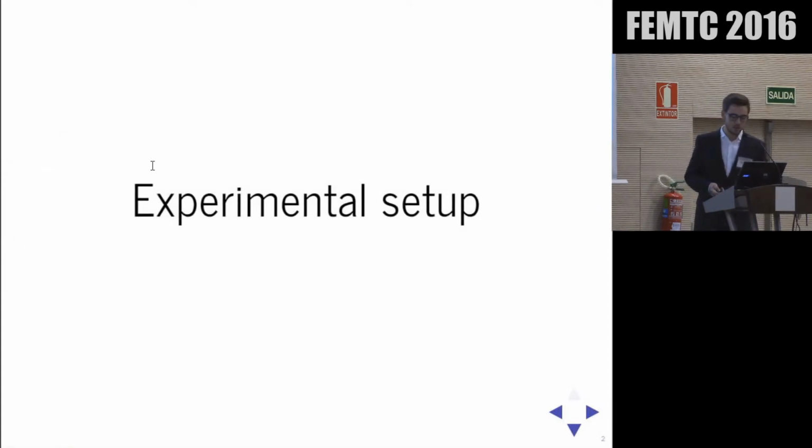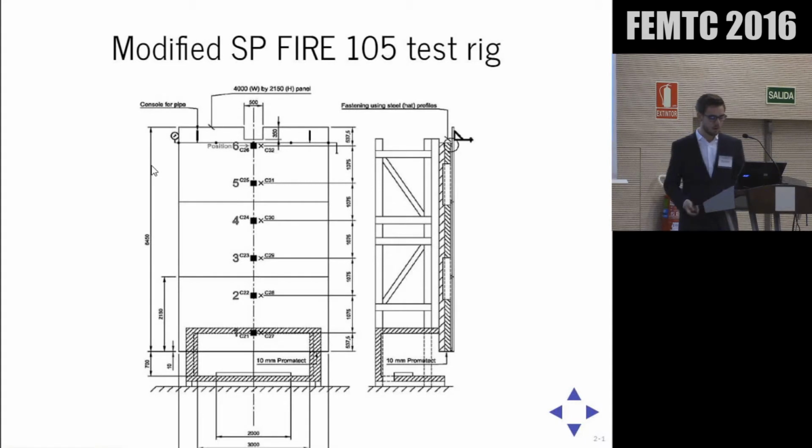Let's take a look at the experimental setup. The SP Fire 105 test rig in itself simulates a fire on the ground floor of a 3-story building, and from that it's measuring the impact on the facade systems fitted on the test rig above. In a series of tests for evaluating fire growth of external combustible surfaces, non-combustible panels were attached to the facade.